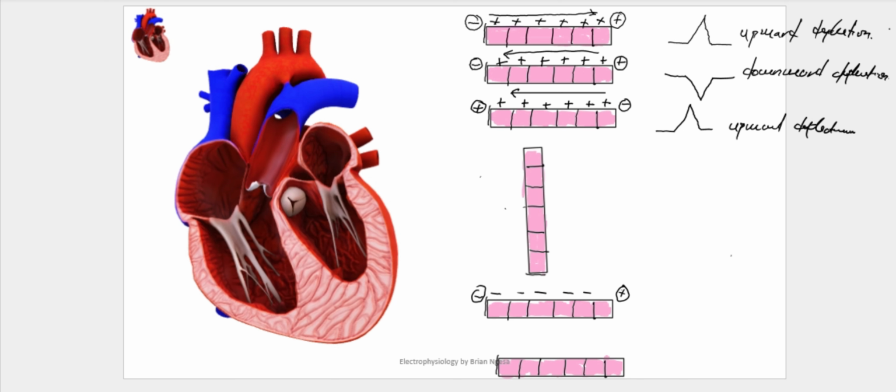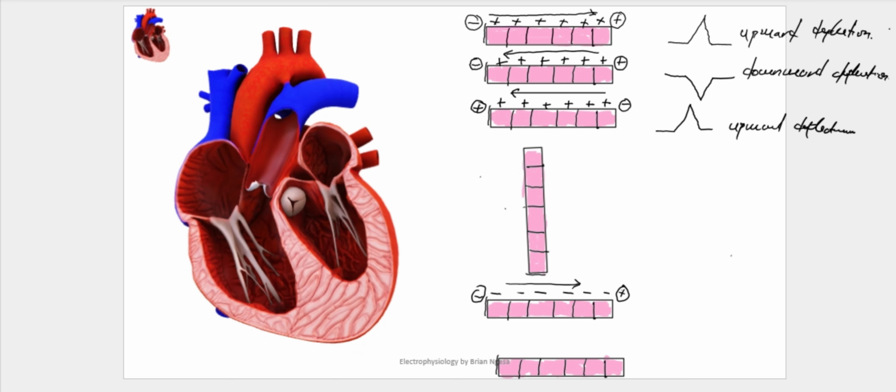You can assume that these cells were previously positive and now they are being repolarized. They are being taken back to the relaxation state. So our wave of repolarization is moving from the negative to the positive. So write this. So what do we anticipate with this?